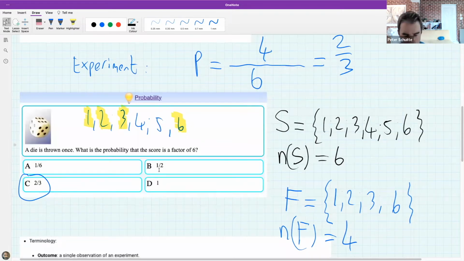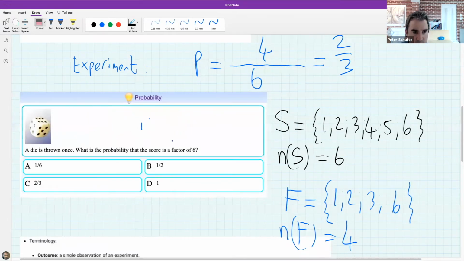Let me ask you another question then. I'm going to use the same options here, but I'm going to change the question. If you're throwing a dice, what is the probability of getting a prime number?